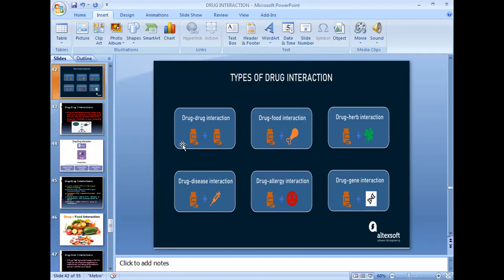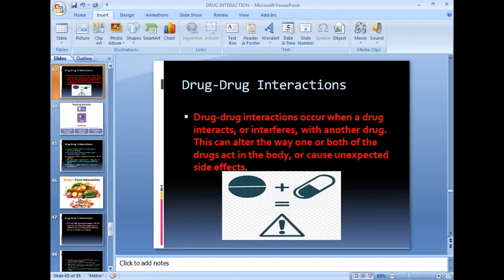That can be of different types, including drug-drug interaction, drug-food interaction, drug-herb interaction, drug-disease interaction, drug-allergy interaction, and drug-gene interaction. So first of all, we will see drug-drug interaction.